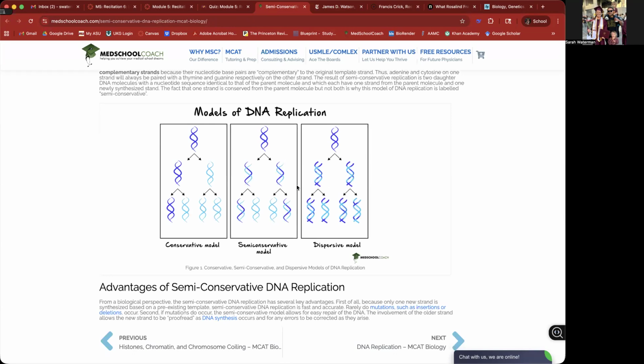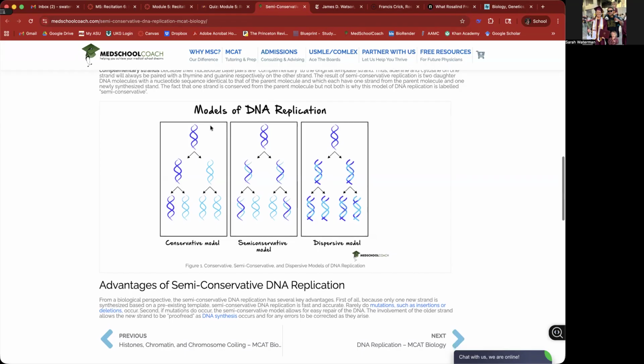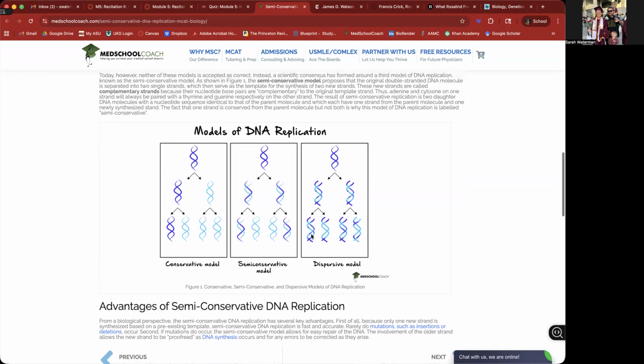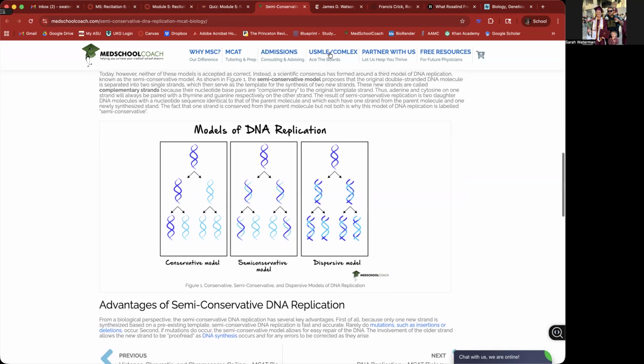If we were to look at the DNA, it looks like a mixture of both parent and daughter. Each DNA itself is a mixture of parent and daughter. So as we go further down, we're seeing this mixture model all the way down. Whereas in this one, we're not seeing that. We're seeing this one parent strand that goes all the way down and all the rest are daughter. In this one, we see parent strands and daughter strands, but per DNA strand, this one is a very mixed model.